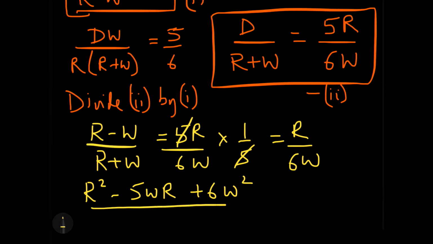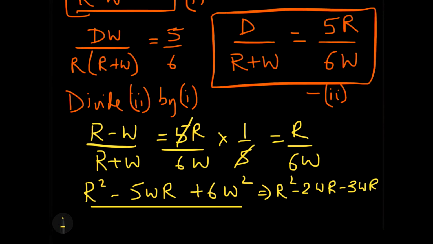Now, if I factorize this, I can further write it as r square minus 2wr minus 3wr plus 6w square, and on factorizing I get two values of r. Either r will be 2w or r will be equals to 3w.